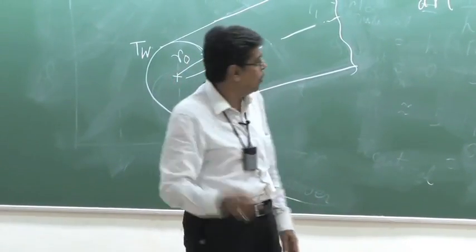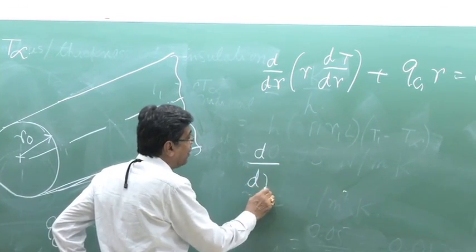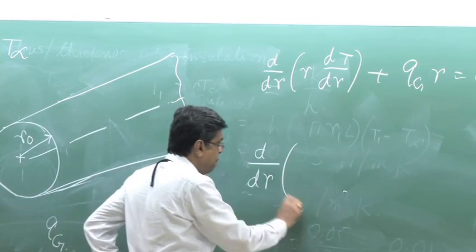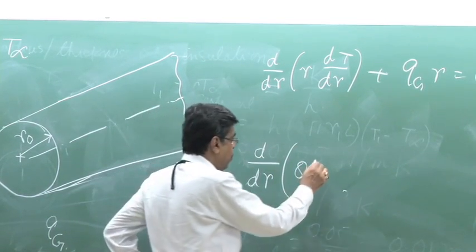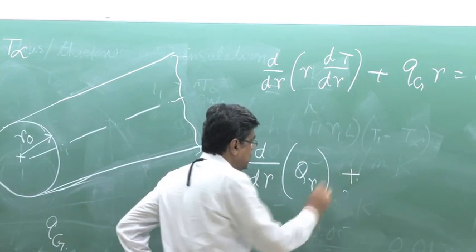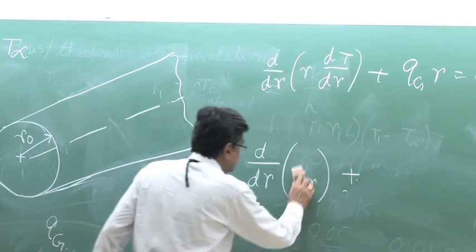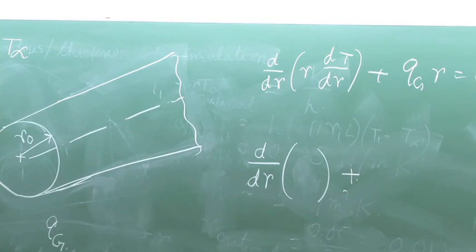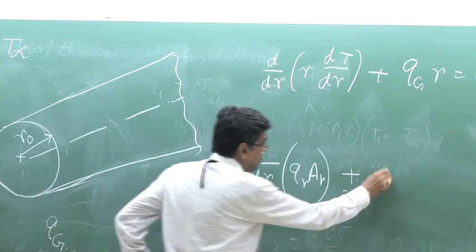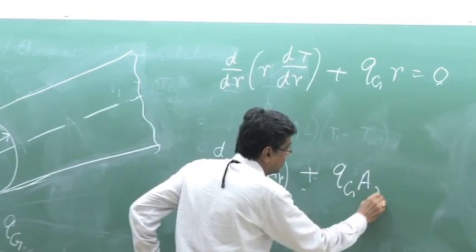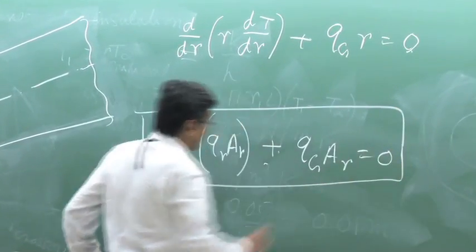Very important for you people that it is like this: d/dr of (qr Ar) plus qg Ar is 0, because this is very easy to remember.